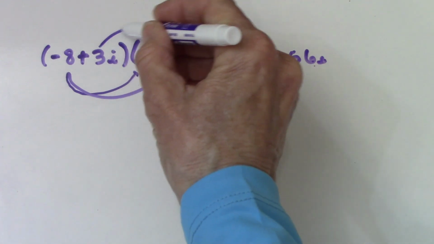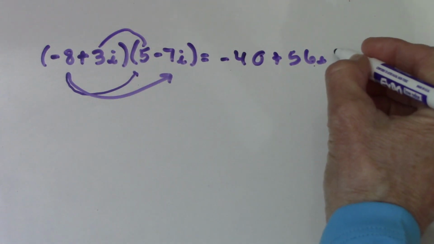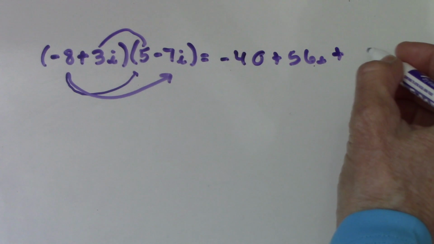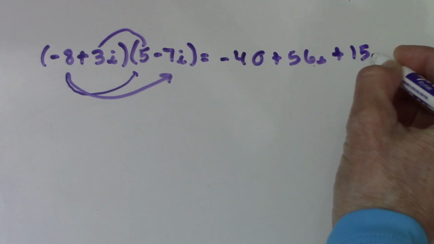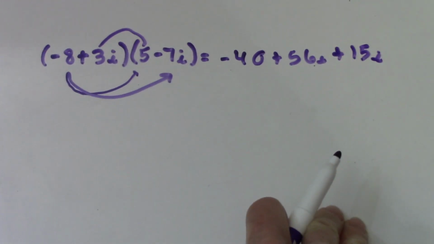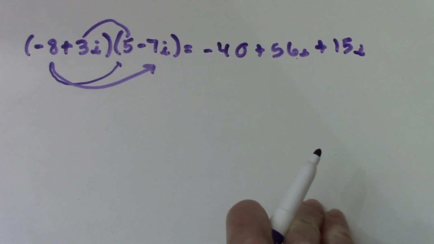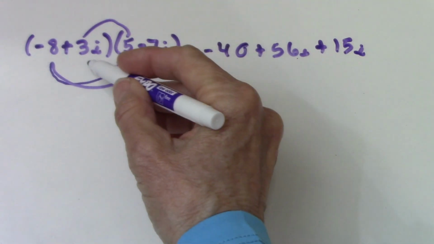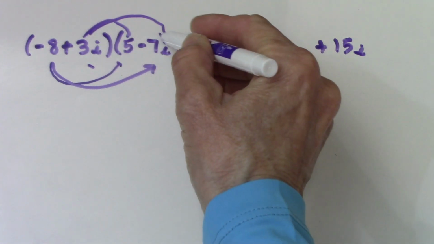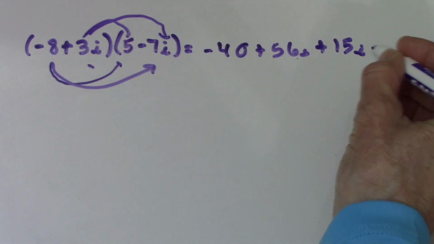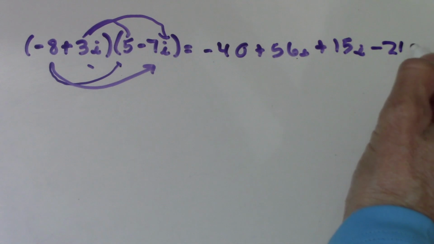And 3i times 5 gives me 15i. And 3i times -7i gives me -21i squared.